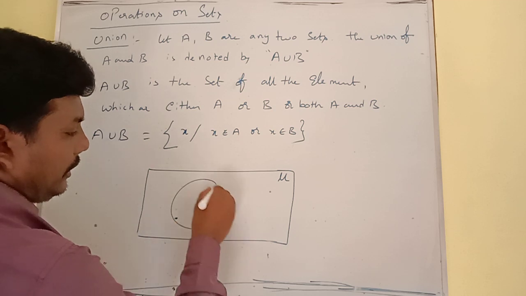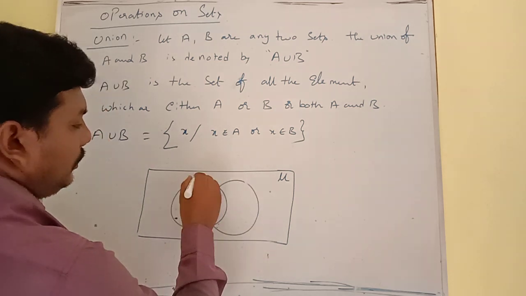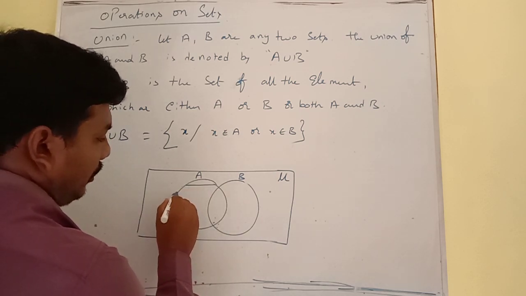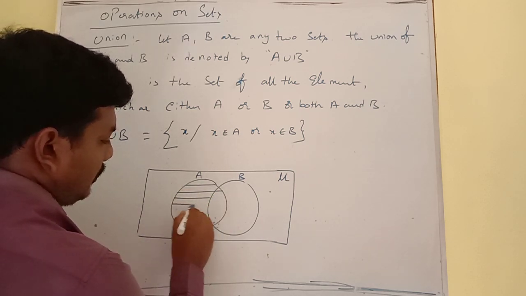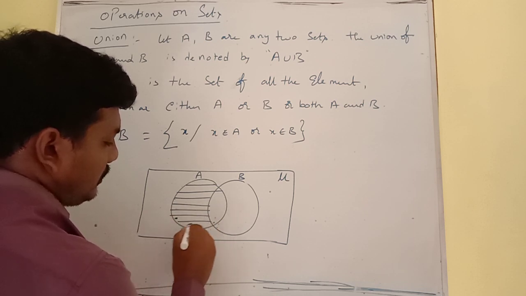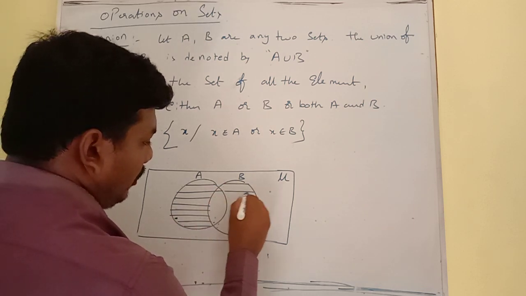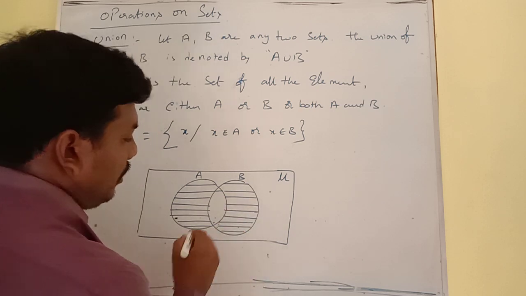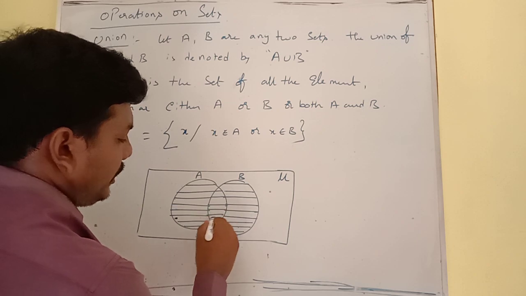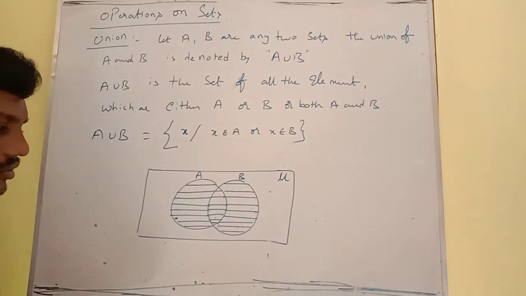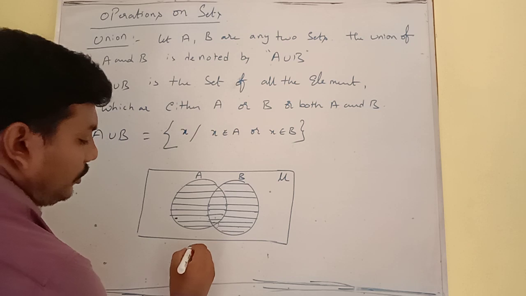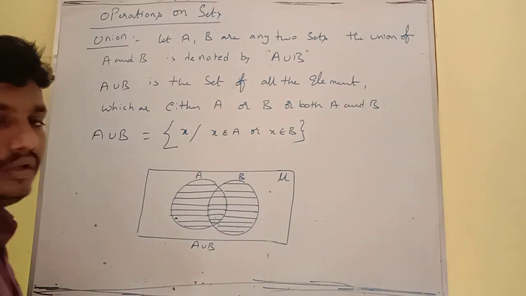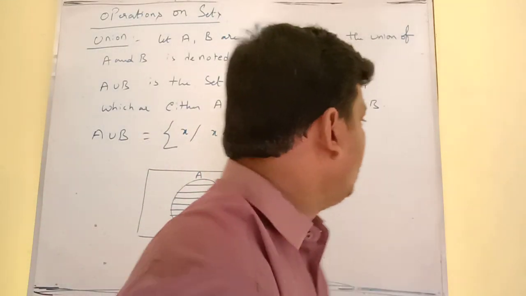Let me consider this is A and this is B. A union B consists of the A elements and the B elements, and also the A intersection B elements, the common elements. This is called A union B.